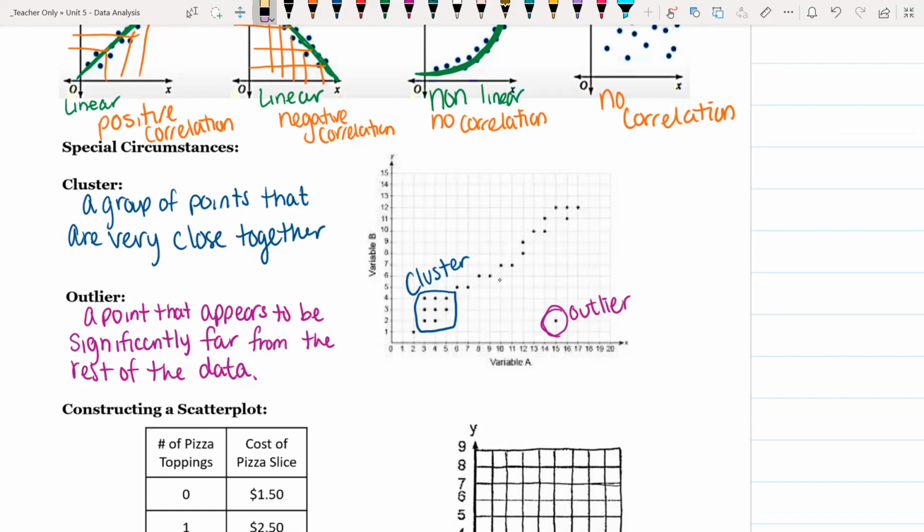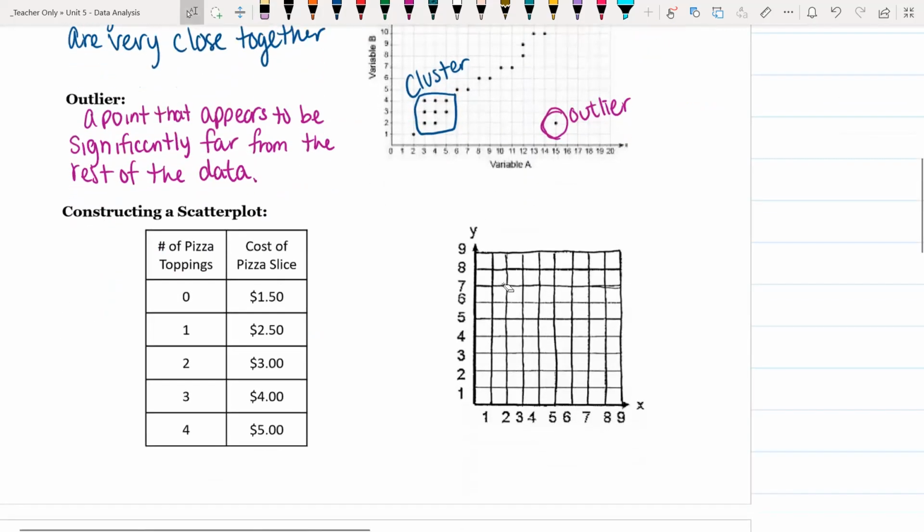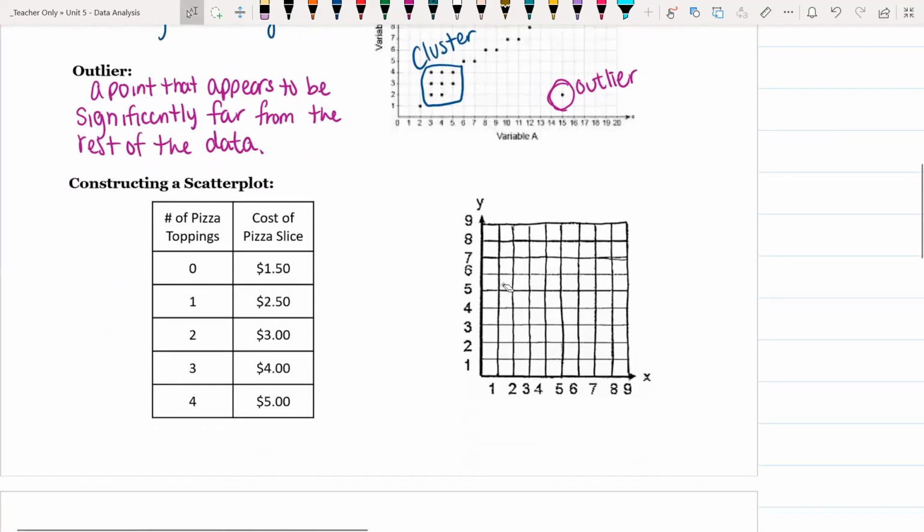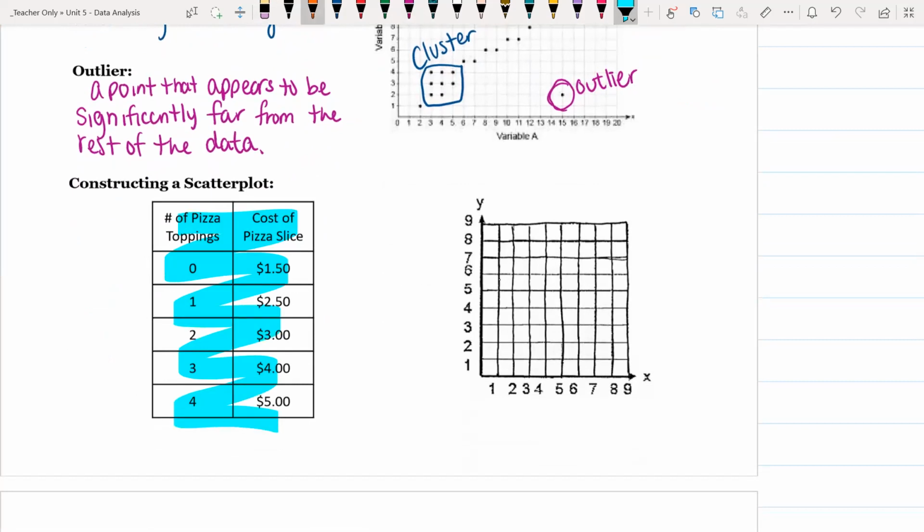Okay, so now we've talked about the relationships. Let's practice making a scatter plot. So here we're given a table. So we have to graph those points, right? So remember, when we have a table, we have an X and a Y. Okay, so our ordered pair is like 0, 1.5.